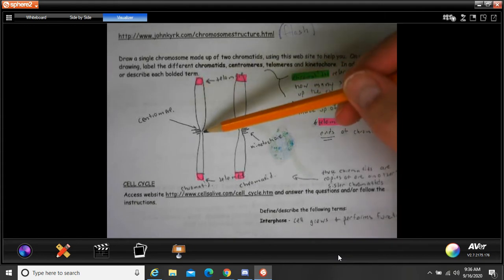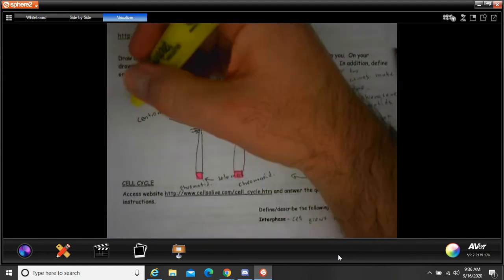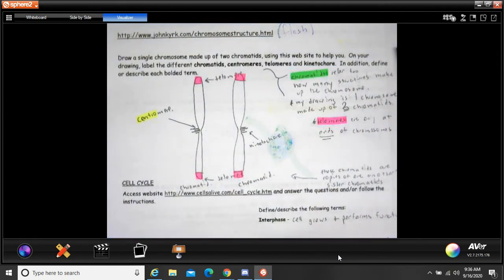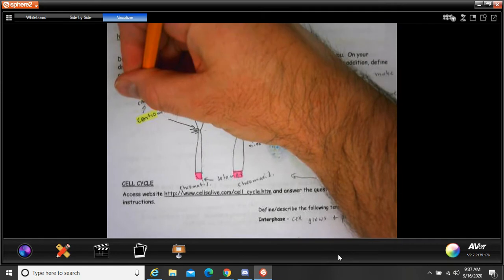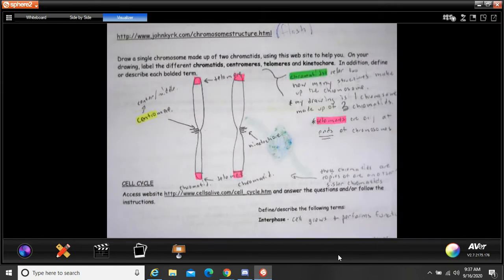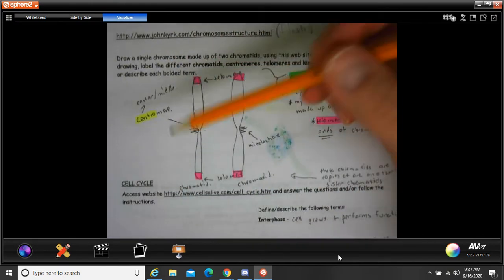So the middle location is usually called a centromere, because centro sounds like middle or center, right? That's what that's kind of based upon. Now, not all centromeres are in the middle, but for all intents and purposes for this course, we'll just treat them as being in the middle.